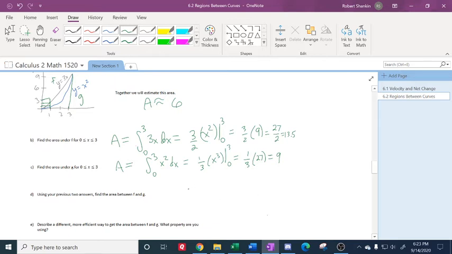All right, let me write this down. 0 to 3 x squared minus 3x. Oh, I'm sorry, that's for E. Our answer for D was 4.5.